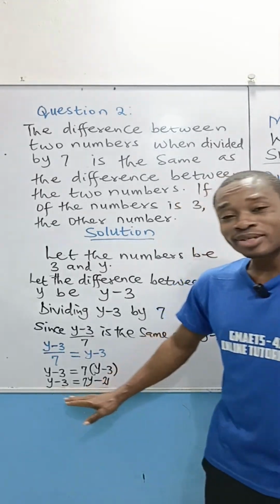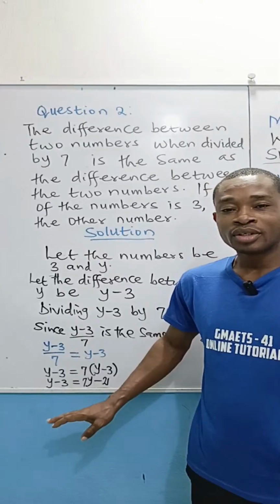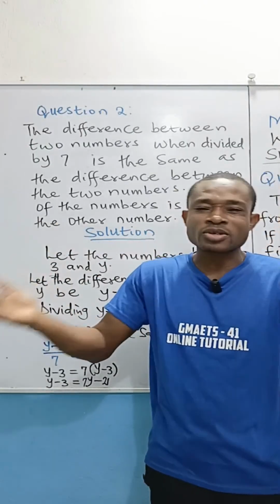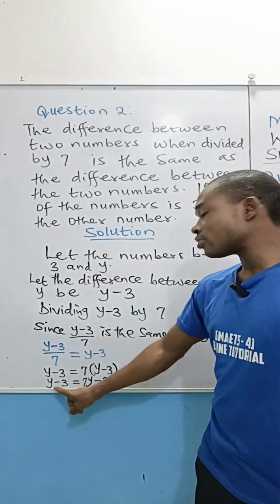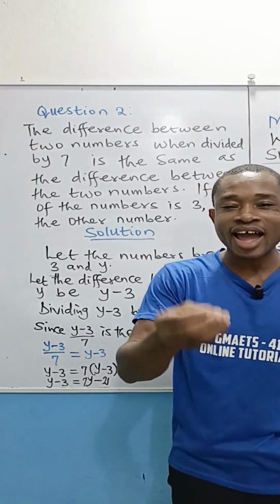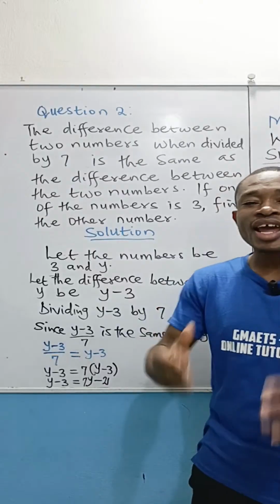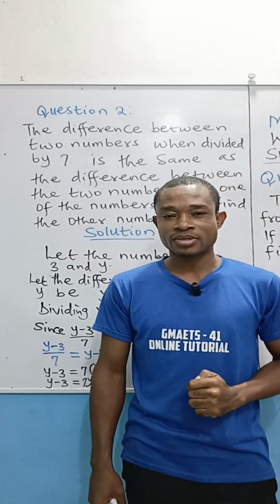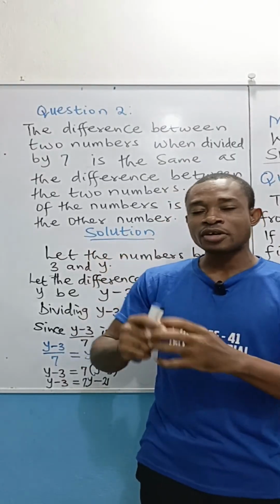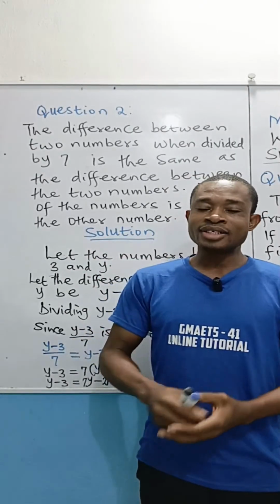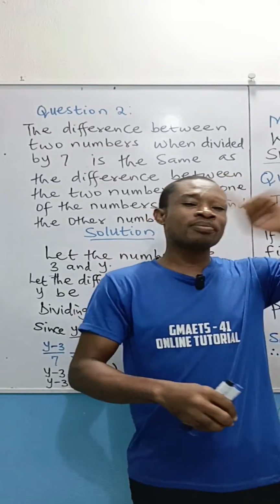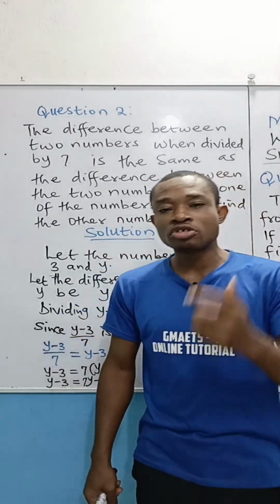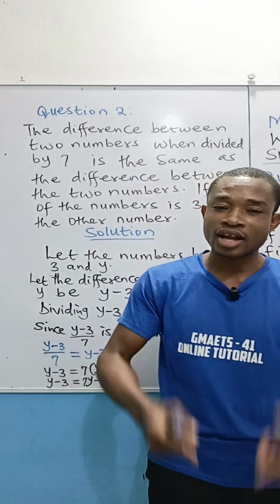From here, you now see that between the unknown and something else, you have either plus or minus. Here we have minus. So we have to collect like terms. I had taught you under collection of like terms that if you are looking for an unknown in mathematics, and between the unknown and something else you have either plus or minus, what you do there is to collect like terms.